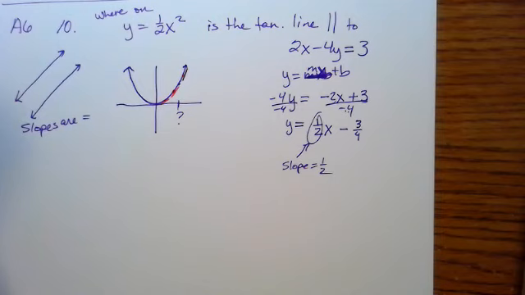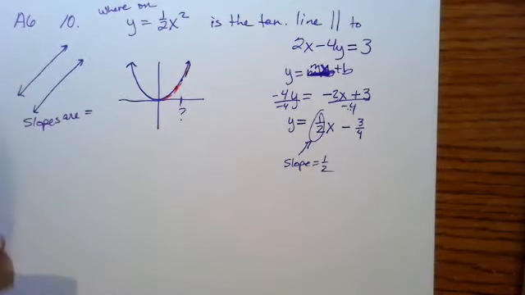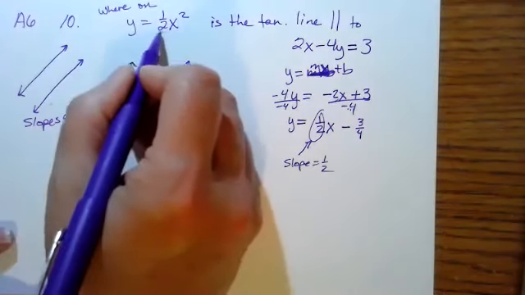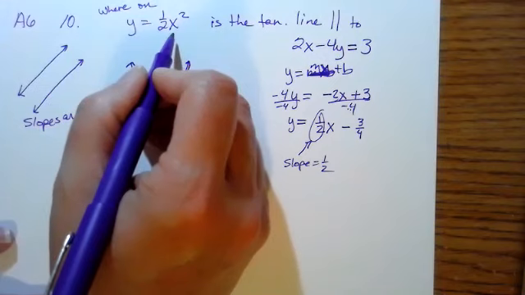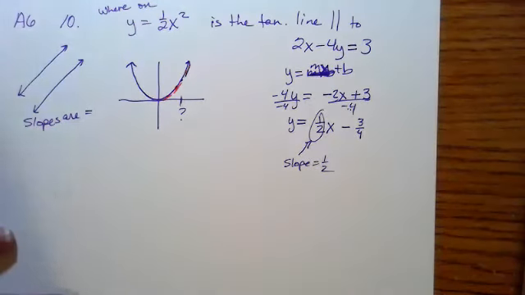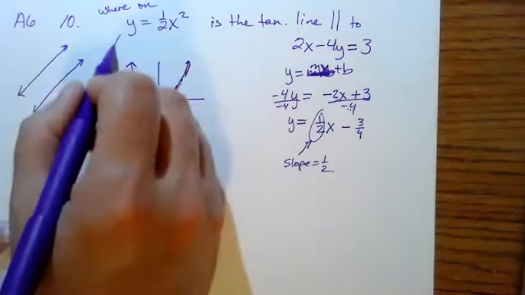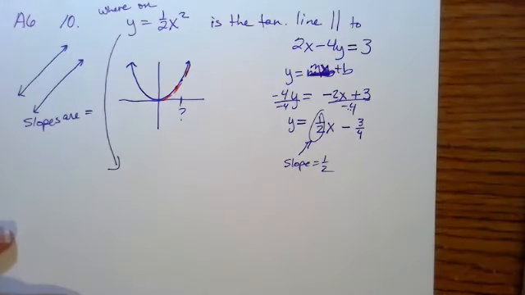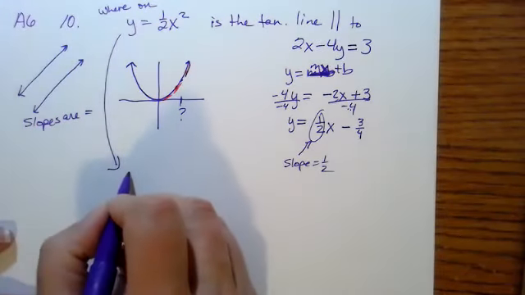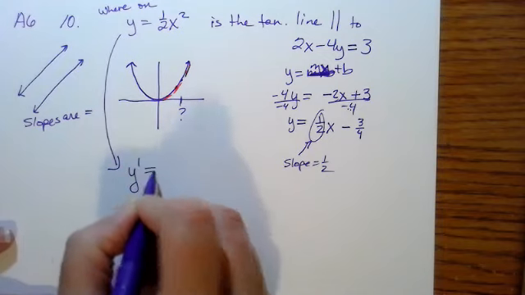The derivative. Exactly. The derivative. The slope of the tangent line is the derivative. So do we have a way to get the derivative of this? Yes. I think we do. And we don't have to do any limits to do it, do we? No.